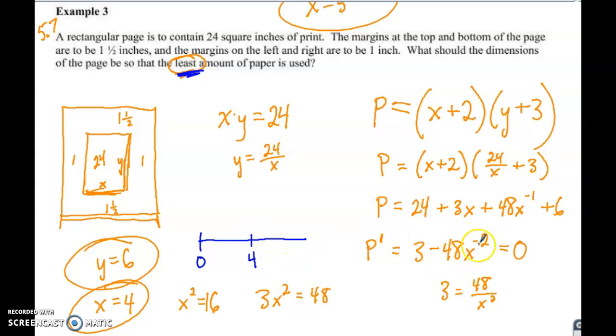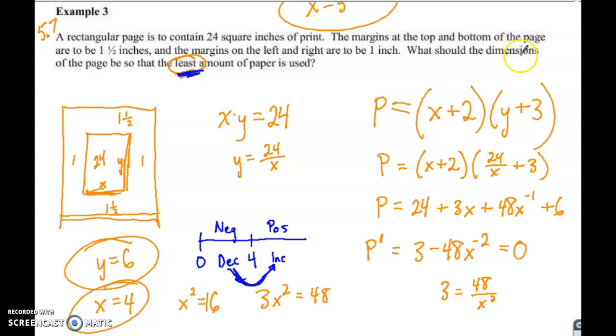If you plug in, let's say, 2, 2 squared would be 4, and 48 divided by 4 is 16, and 3 minus 16 gives a negative. So if we have a negative derivative to the left and then to the right, that means we go from decreasing to increasing. That confirms it was a minimum.